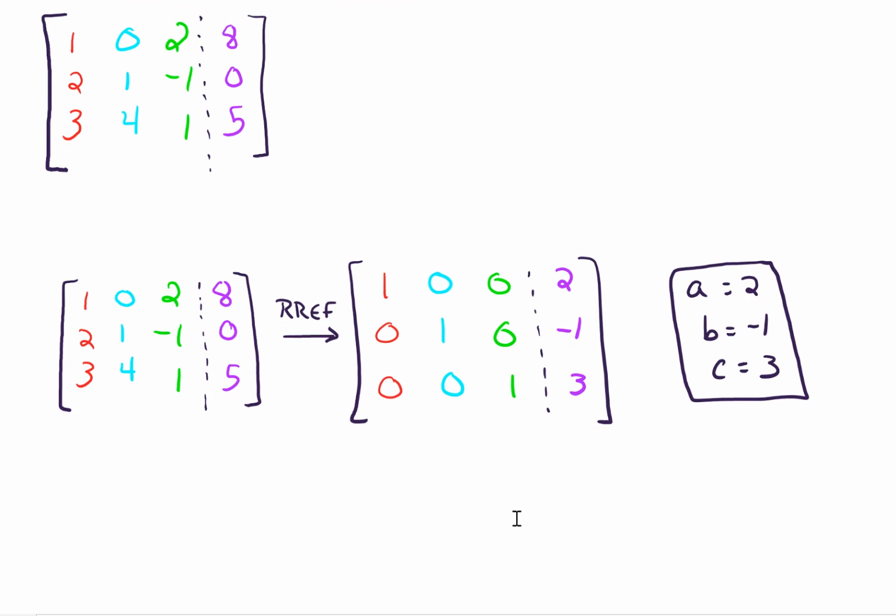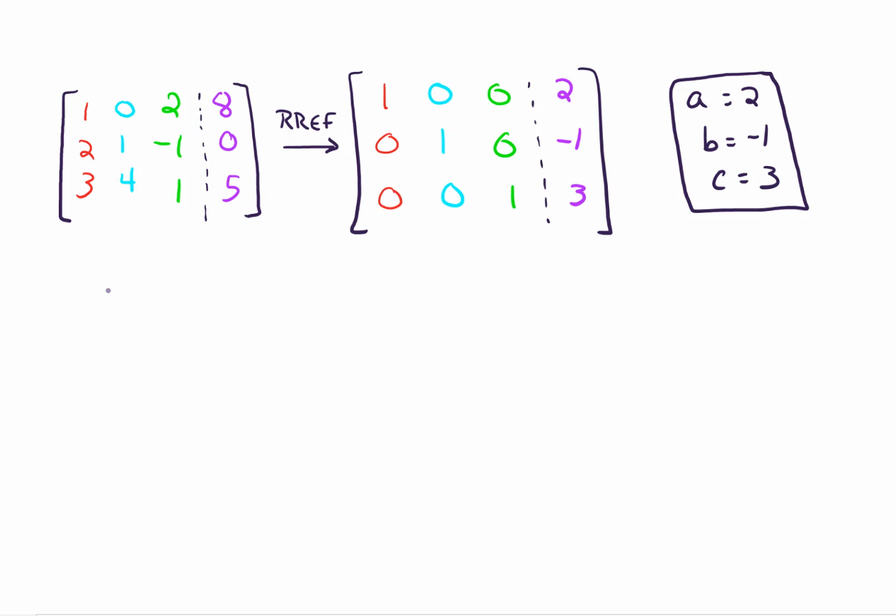Once we RREF that matrix, we get down to the final solution, and we discover our scalars A, B, and C. What this means is that we have 2 times vector U plus negative 1 times vector V plus 3 times vector T, and that equals W. And so to answer our question, can W be written as a linear combination of U, V, and T?